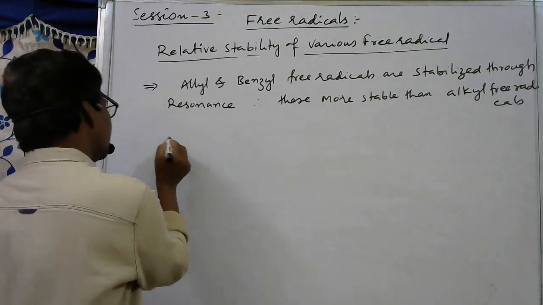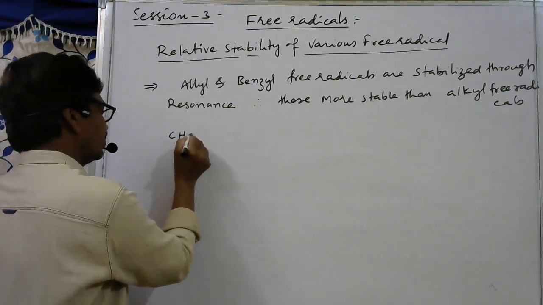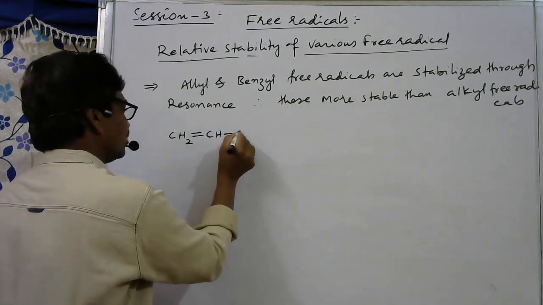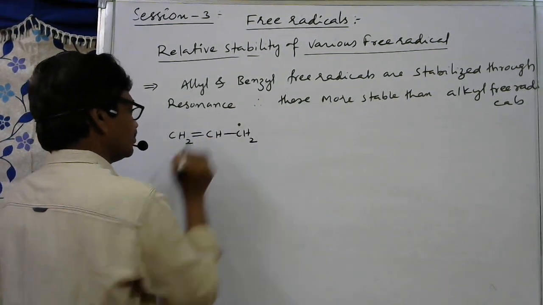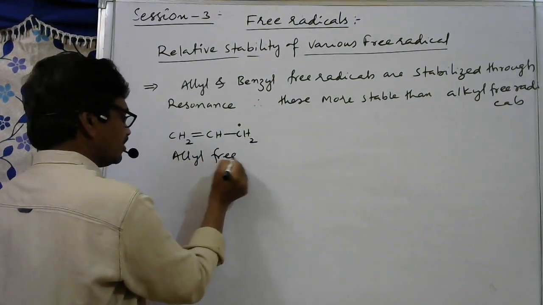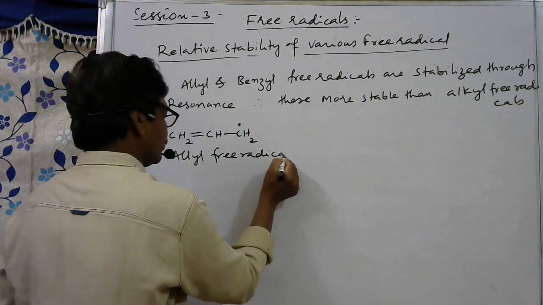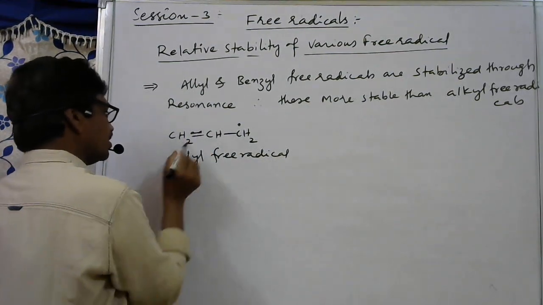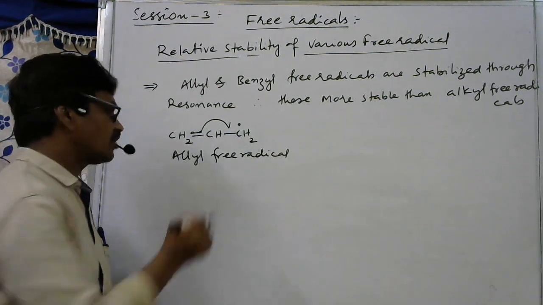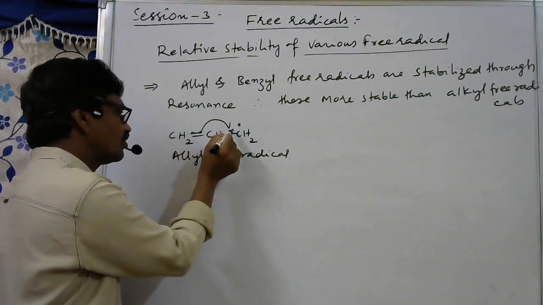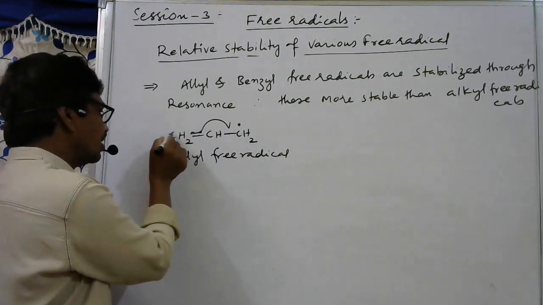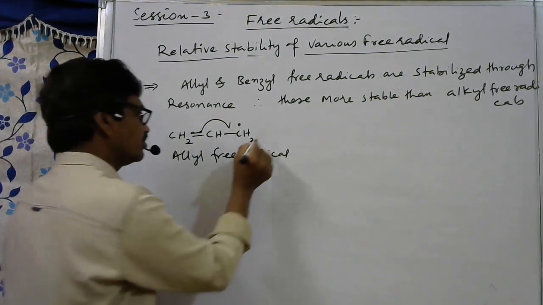So why is it so? Many times we have written about this. CH single bond CH2, here there is a dot. This is allyl free radical. See here two electrons are present. Only here I am writing one hooked arrow. Only one hooked arrow indicates one electron is moving from here to here. It can join with this electron, and this carbon will take that single electron.